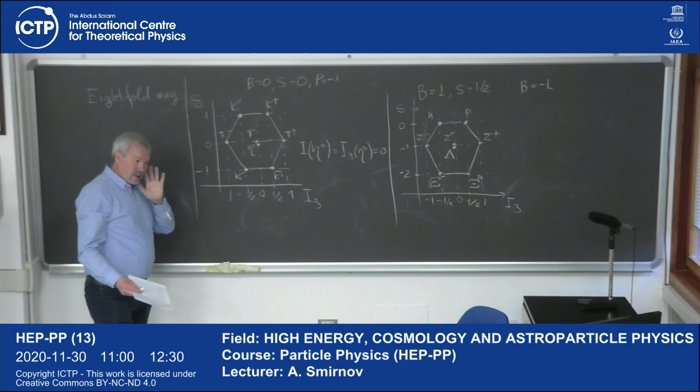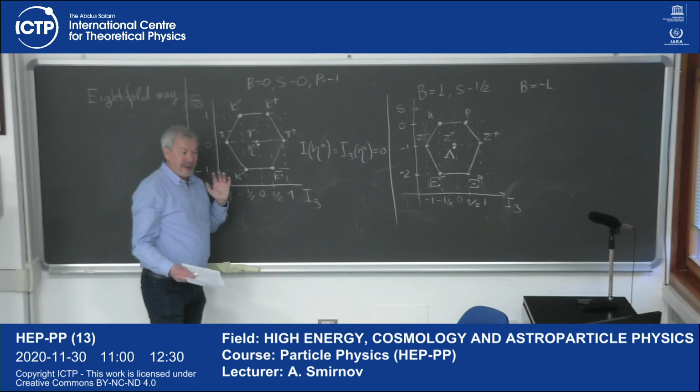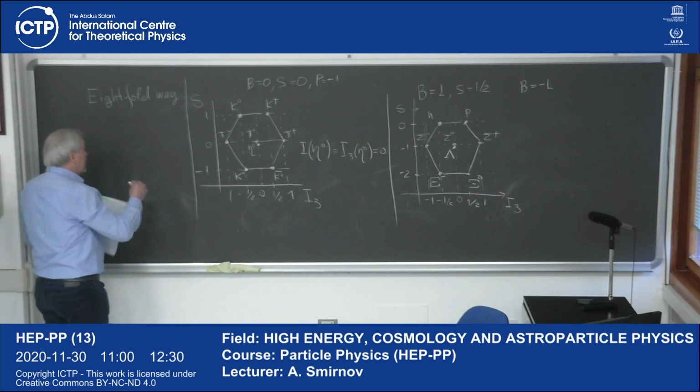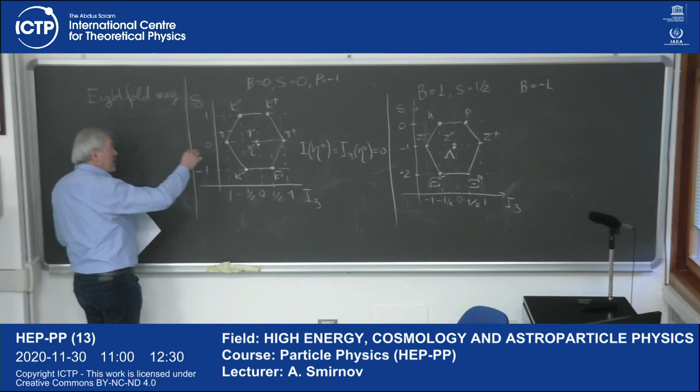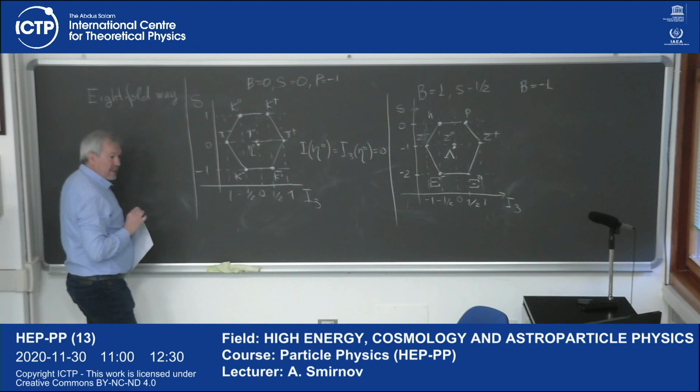It was also observed that these particles have the same strong interactions. So, it was an idea that strong interactions are invariant not only with respect to isospin symmetry, as we discussed before, but probably strong interactions are invariant under wider symmetry, which actually acts on these octets of the particles.